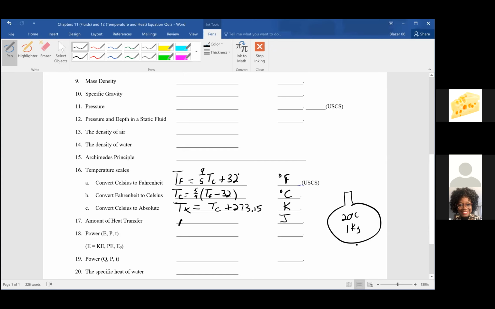Now this flask is heated up. In a lab, you put a Bunsen burner under it and it burns until the temperature changes. The temperature change you're looking for is just 1 degree. So you have the same flask, and now it's 21 degrees Celsius.